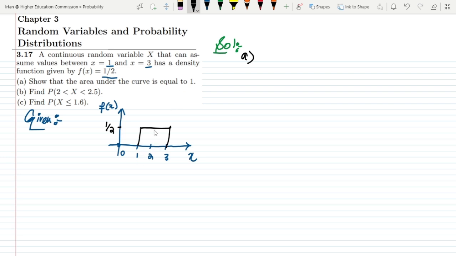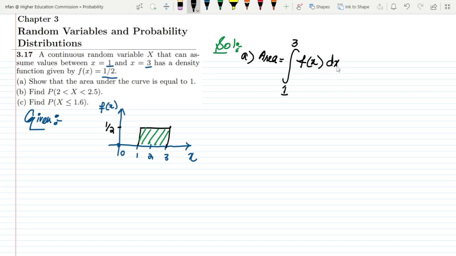I know that in a continuous random variable, area is equal to the integral from the lower range, which is here 1, up to the higher range, which is 3, of f of x.